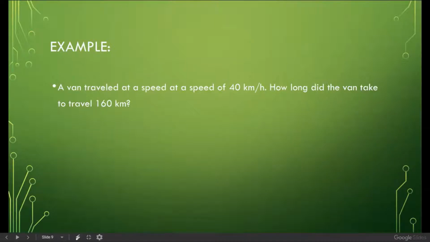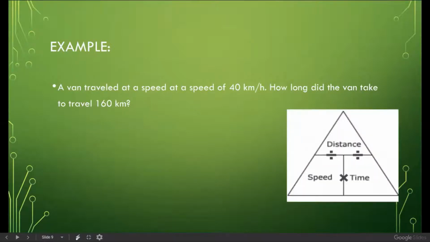Let's have the second example. A van traveled at a speed of 40 kilometers per hour. How long did the van take to travel 160 kilometers? Now for this one, the question is how long. Since it is how long, we are referring to time.